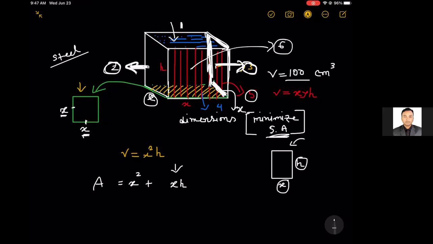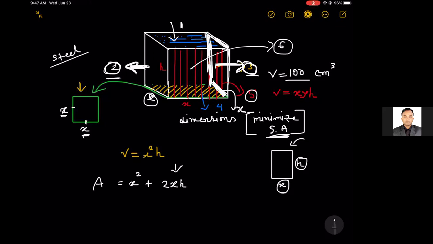This is really interesting, really fun to work with, but at the same time, you need to understand what's going on. You can't really generalize everything for all the problems. For different problems, you need to consider different requirements. Okay, so we'll definitely have 2 times xh, one for this one, one for this one, right?